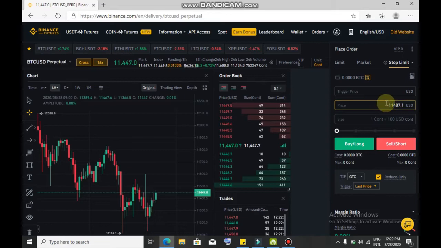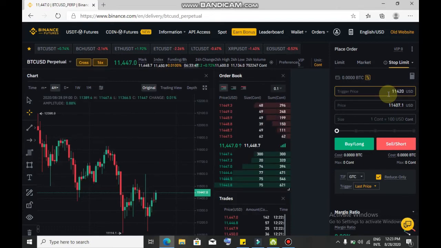Let's say I want to buy Bitcoin at 11,407, which is my own limit price, and I say execute if and only if price gets to 11,420.